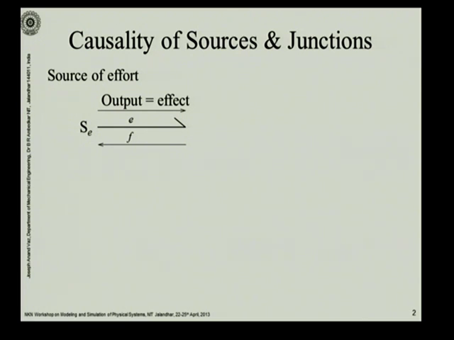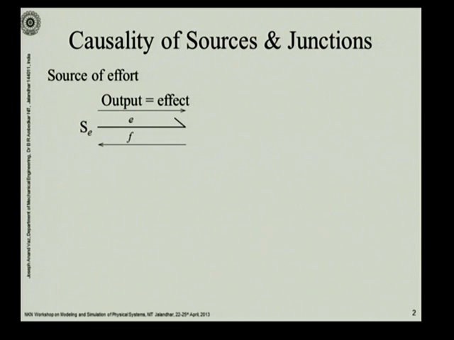But in the ideal case, when we are talking of ideal sources, the source is supposed to provide a given voltage. It may be an AC, it may be a DC, it doesn't matter. It is supposed to impose the effort. If it is a source of effort, it is supposed to impose the effort on the subsystem to which it is connected, no matter what is the flow that it receives, no matter whatever is the input to it.